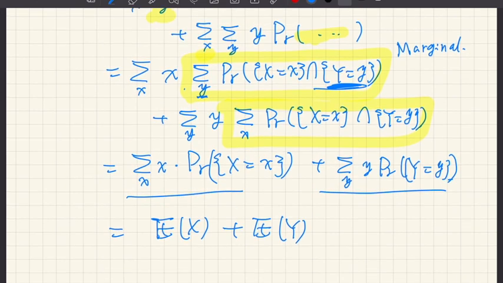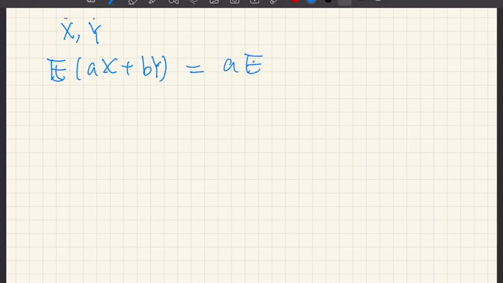So in general, if we have random variables X and Y, and constants a and b, the expectation value of a linear combination of these random variables can be calculated as the linear combination of the expectation values.